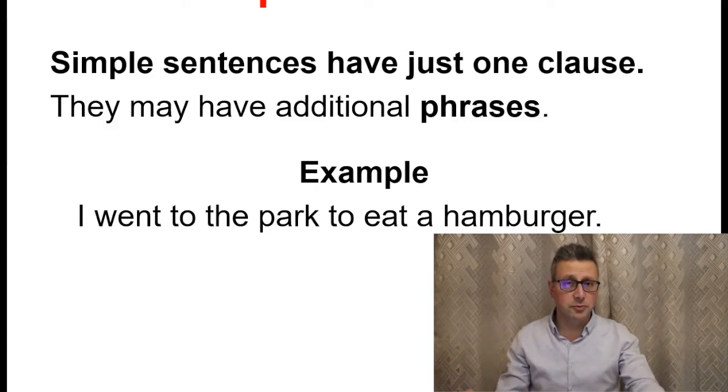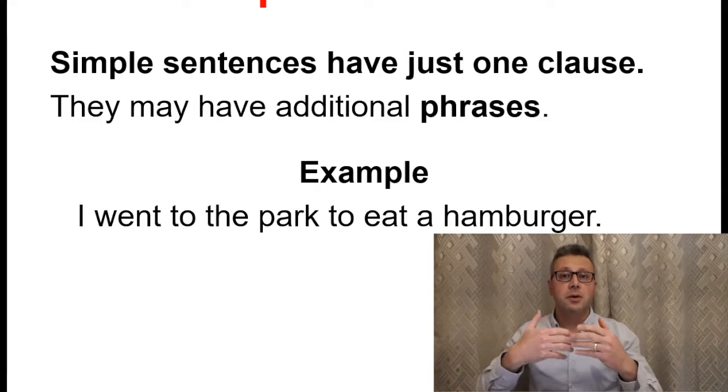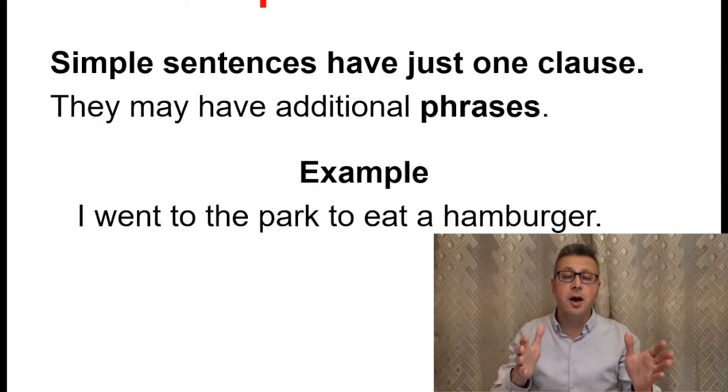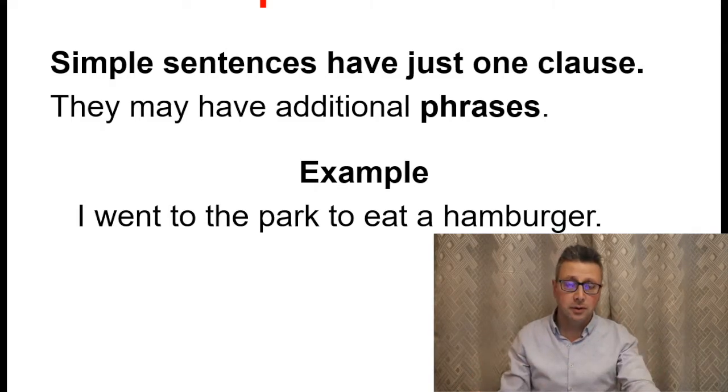I is the subject, went is verb 2 of go. So I is the subject, went is the verb, in the past, action is complete. To the park to eat a hamburger is the object. That's a long object.